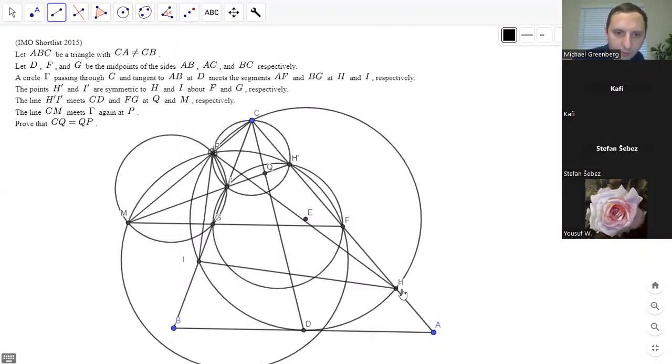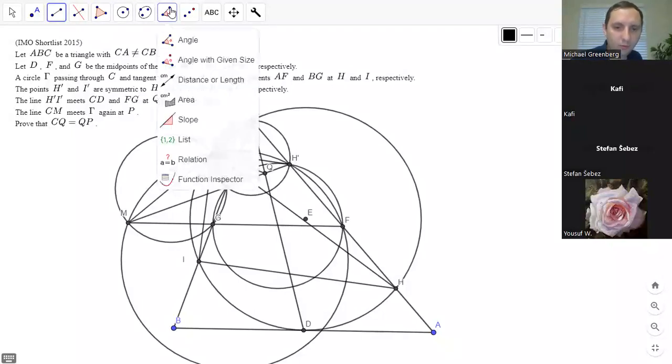That's probably helpful because then I wonder if maybe these are orthogonal. Would inversion at center P help?